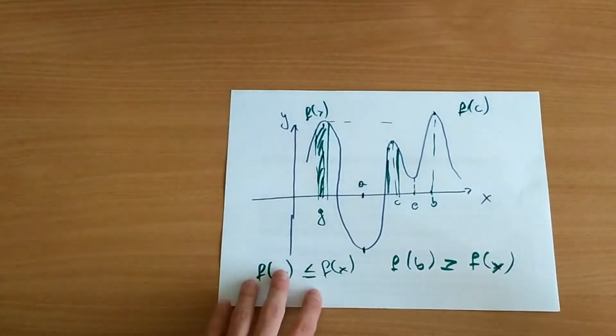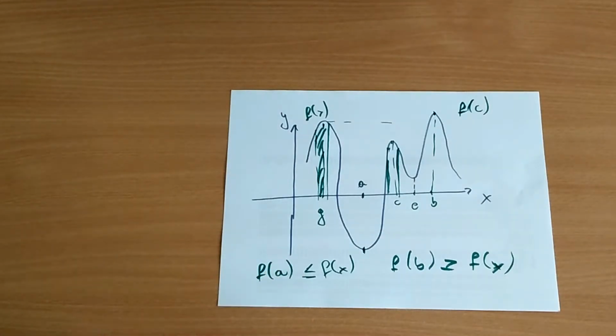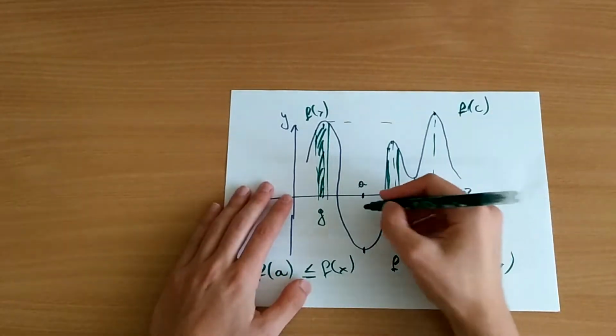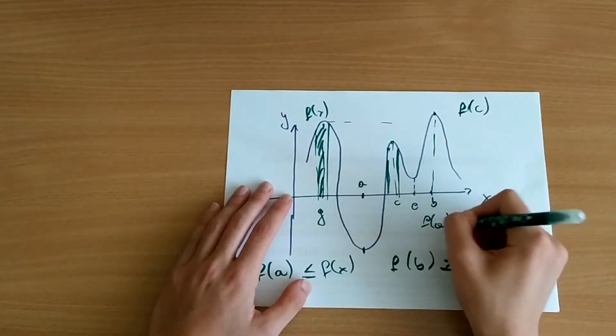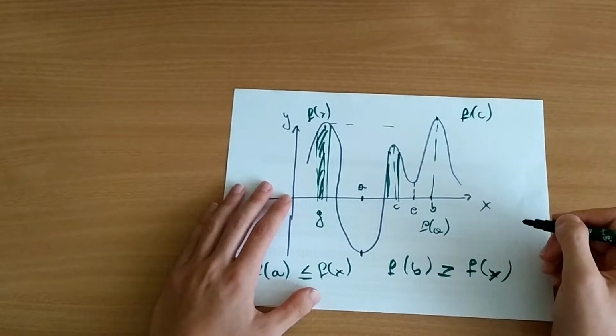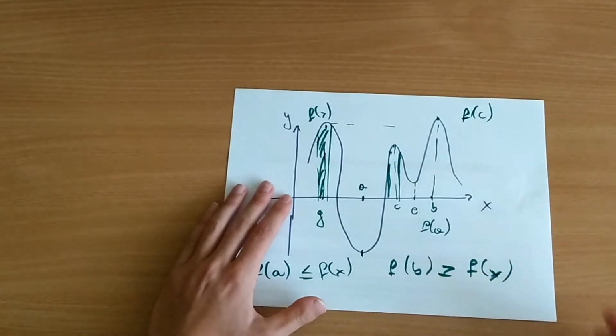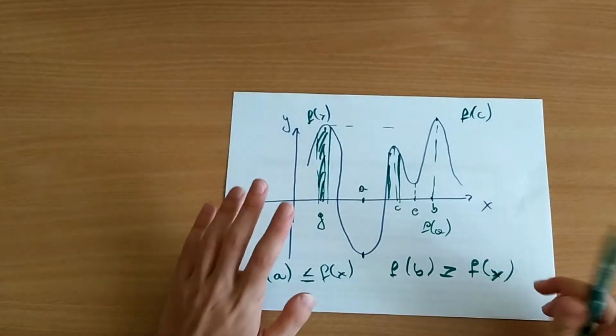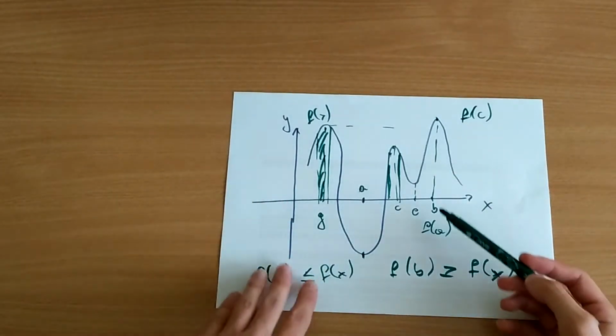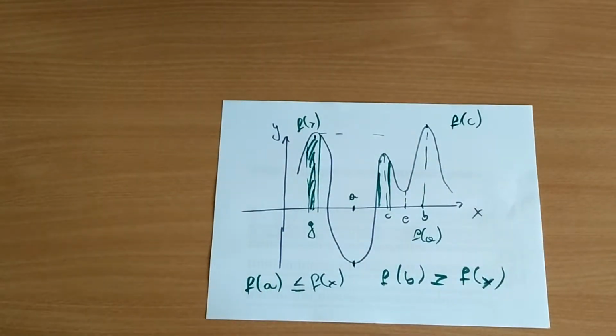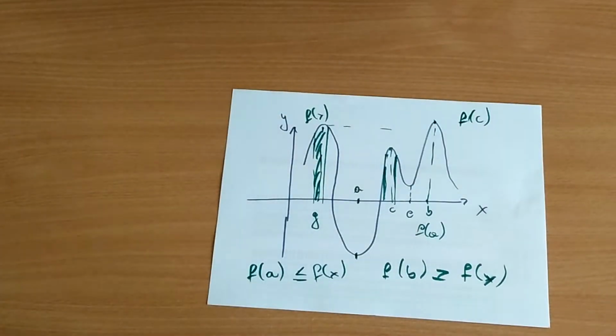We can also say that f of A is not only an absolute minimum point, but it is also a local minimum point. Also, f of B is not only an absolute maximum point, but it is also a local maximum point.